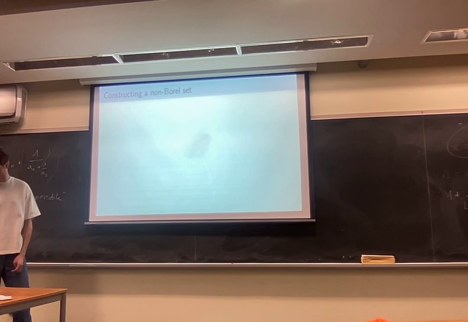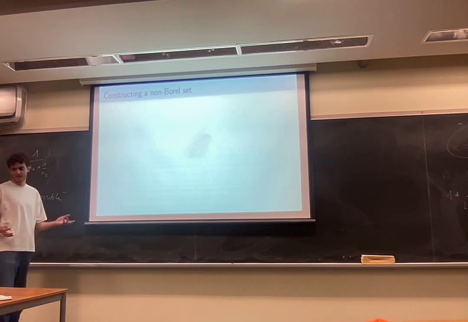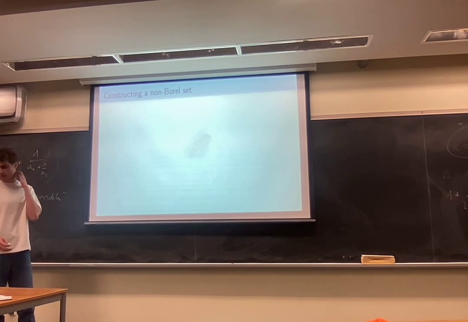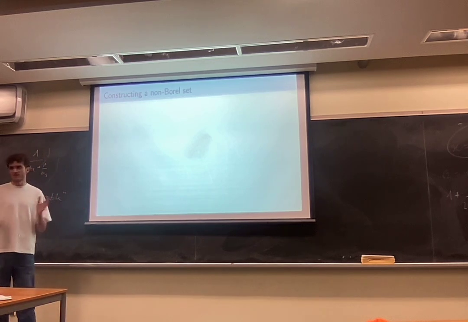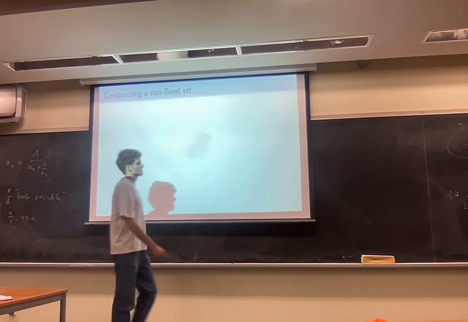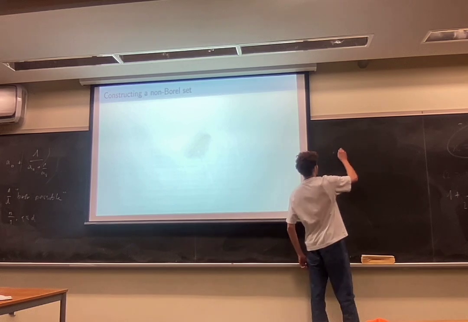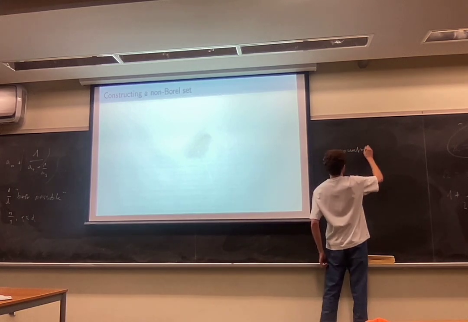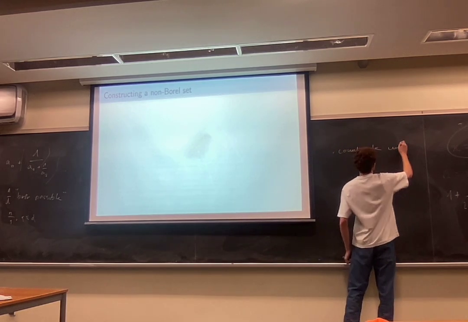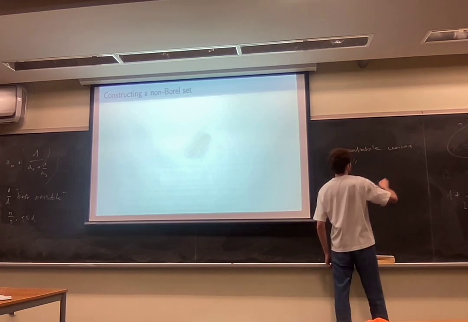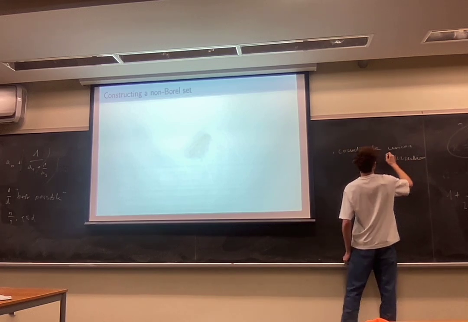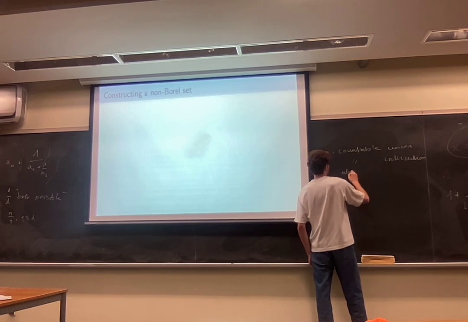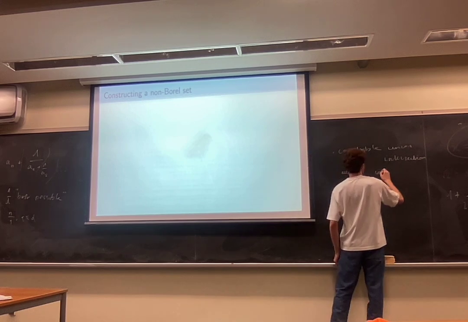So first of all, what is a Borel set? Those of you who have taken measure theory may know what it is. It's any set that can be formed from open sets under the operations of countable union, countable intersection, and relative complement.